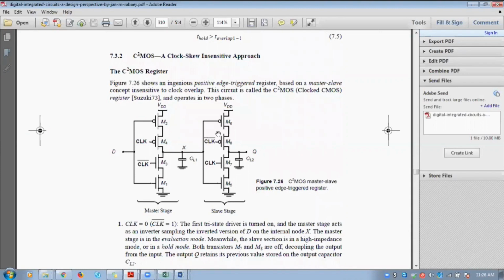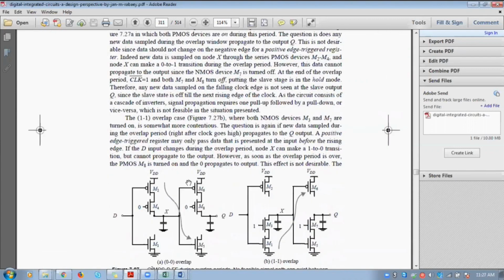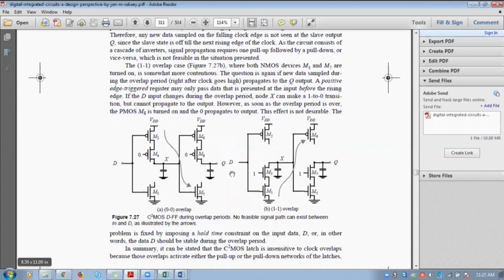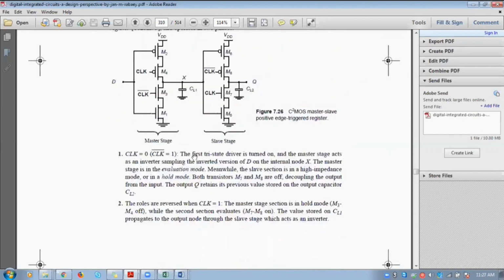And here also clock bar equal to 0, clock equal to 0. This PMOS will be on, this NMOS will be off. So your design will go like this. You don't have any direct connectivity from D to output. So we have overcome the 0, 0 overlap by using this design.